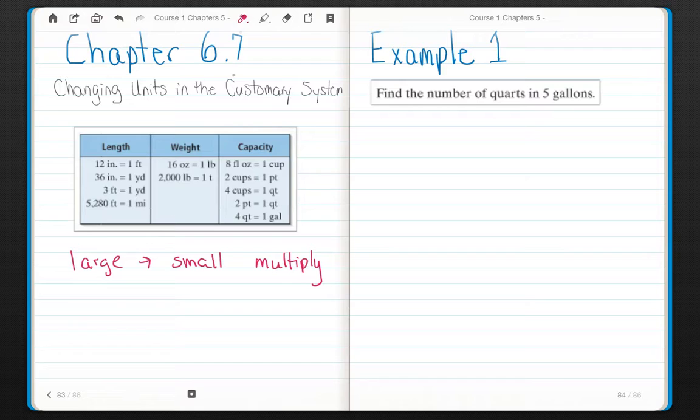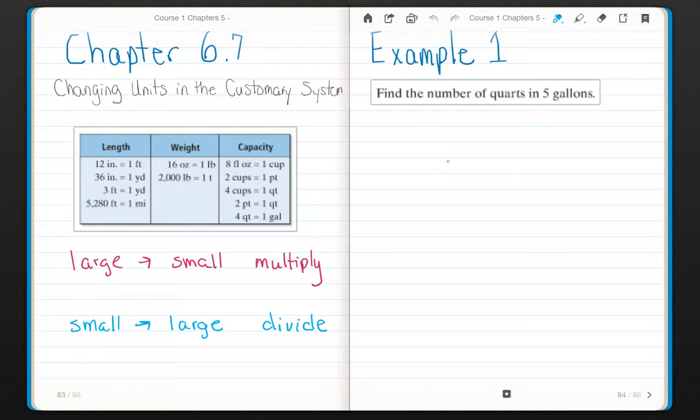Conversely, when we change from a small unit, like a cup, to a larger unit, like a pint, we're going to divide. For some people, that seems kind of backwards, so keep that in mind.